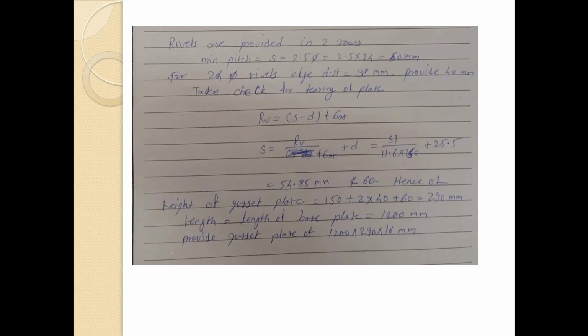Now we check for the tearing of the plate. We have the formula: rivet value equals (S minus d) into t into sigma at.